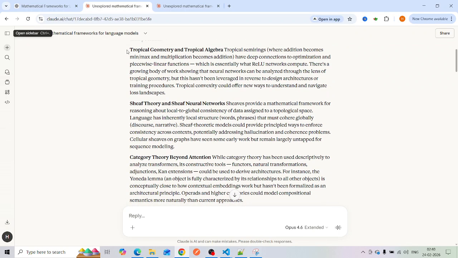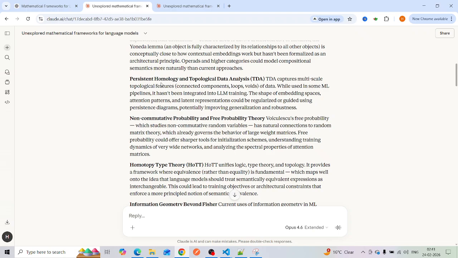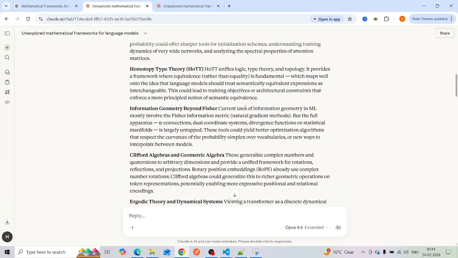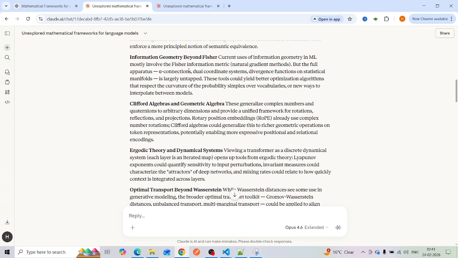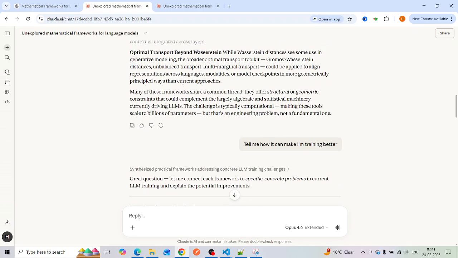This is tropical geometry and tropical algebra, sheaf theory, sheaf neural networks, category theory beyond attention, persistent homology and topological data analysis, then non-commutative probability and free probability theory, homotopy type theory, then information geometry beyond Fisher. A lot of things are there.